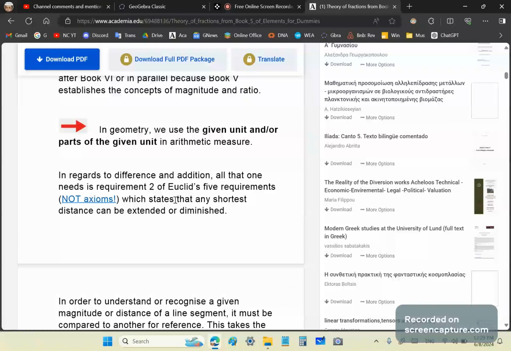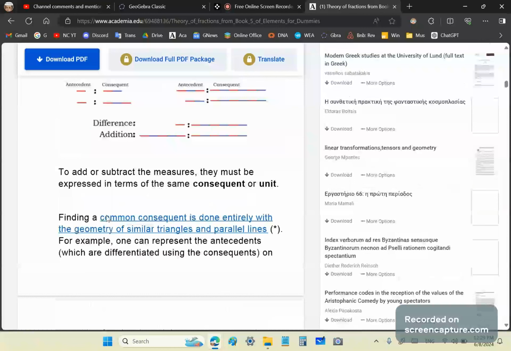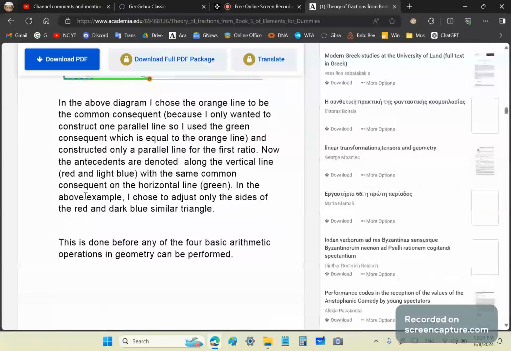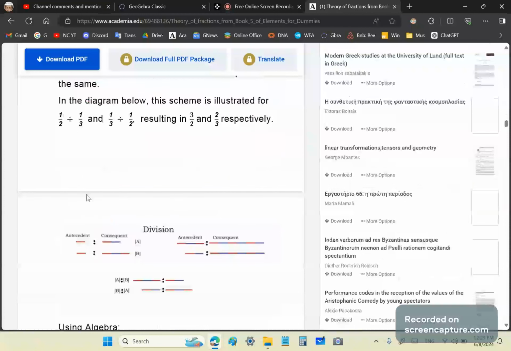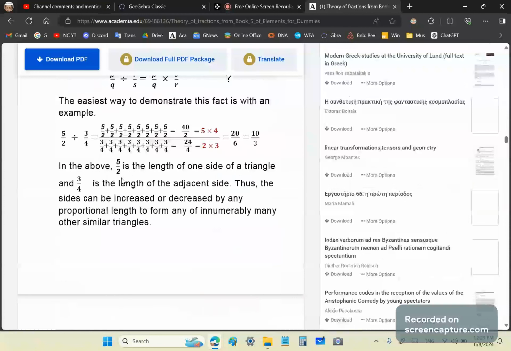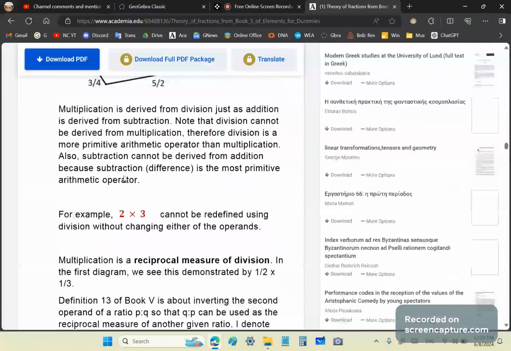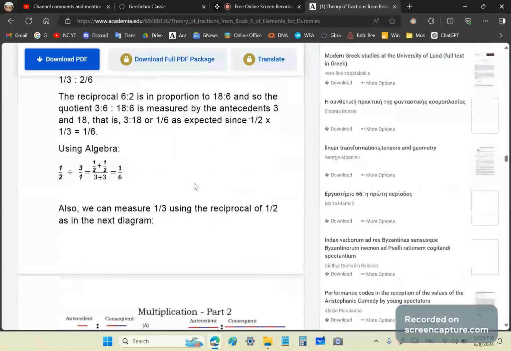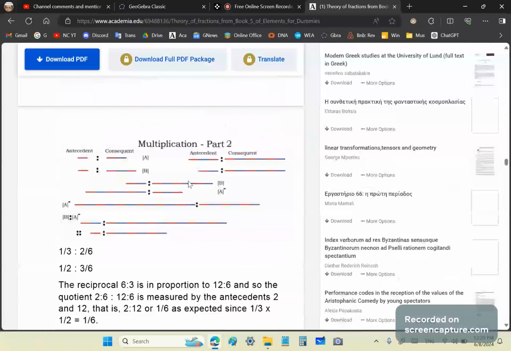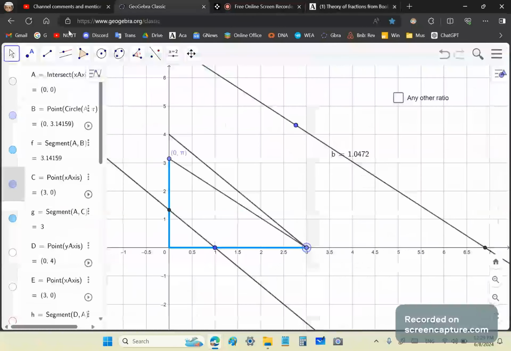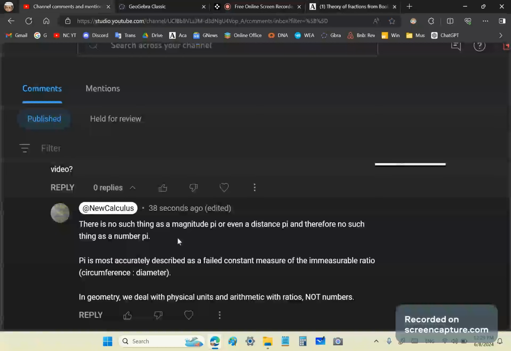Okay, so this will tell you everything you need to know about ratios and how we got arithmetic, and then how we went on to get algebra and number from geometry. Very important stuff, by the way, and I am the first human in human history to reveal these facts. No one before me knew these things. Okay, I am the first, the great John Gabriel. So I advise you and recommend that you study these things. I'll place a link to this article, and you'll get a much better idea what all these things mean, okay? Instead of me sitting here having to explain it to you.